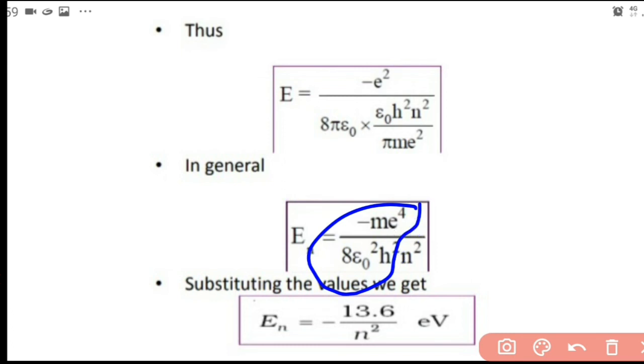So substituting their values and converting it into electron volt, we have the simple equation for the energy of the electron in the nth orbit as En is equal to minus 13.6 by n square electron volt. So this expression gives the energy of an electron in the hydrogen atom in the nth orbit, that is minus 13.6 by n square electron volt.